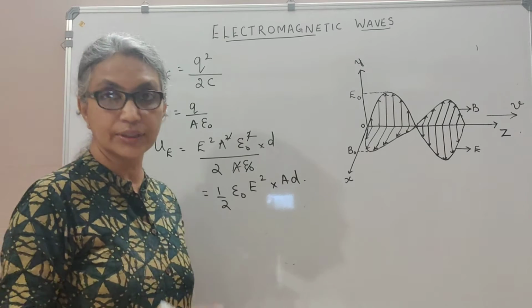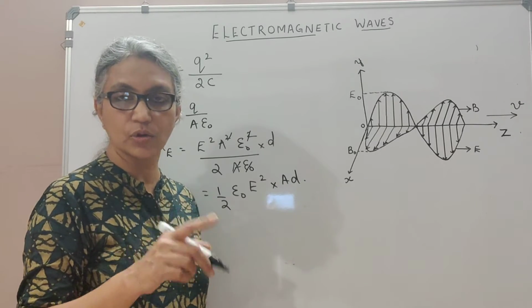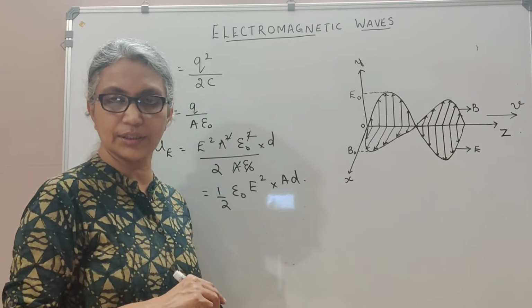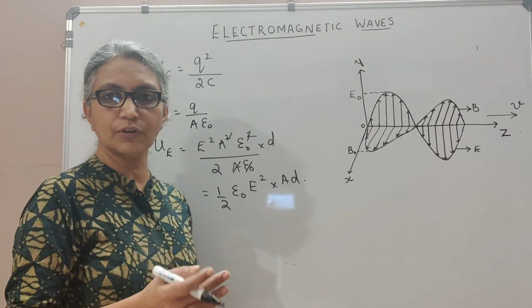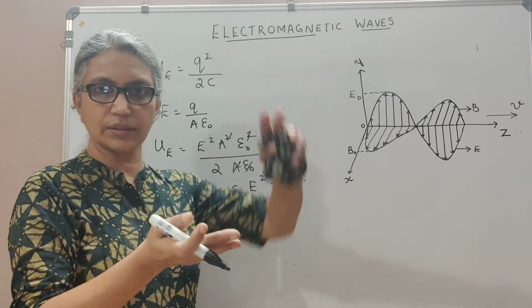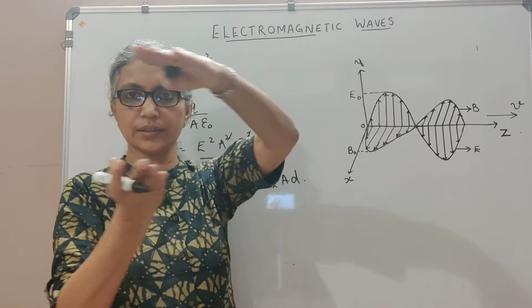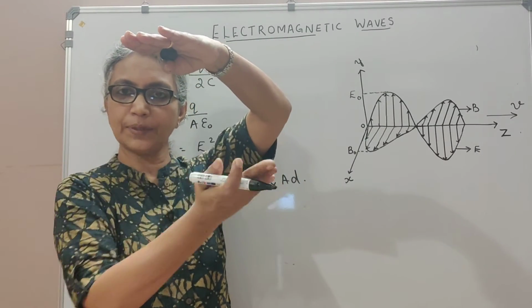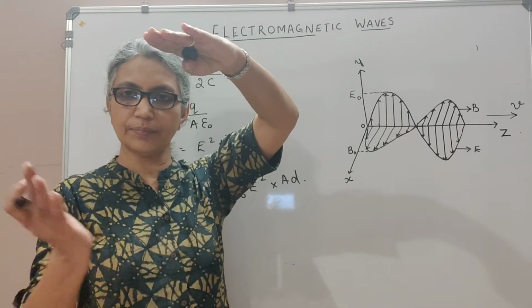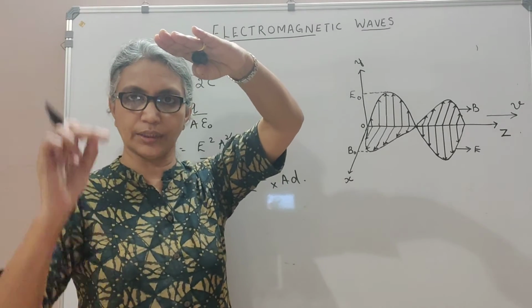If we are talking about the energy density, which is the energy stored in unit volume, which we did in that second chapter, we know that the volume of a capacitor is plate area into height. Let's say we have two plates like this. The volume will be base plate area A into d.